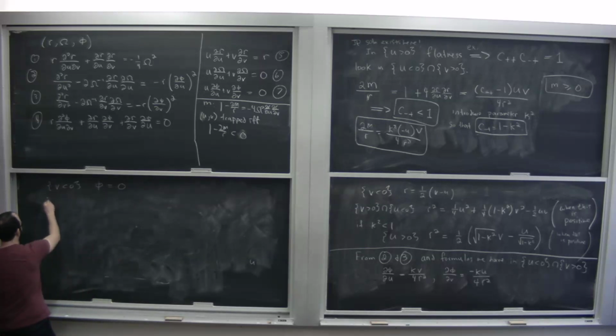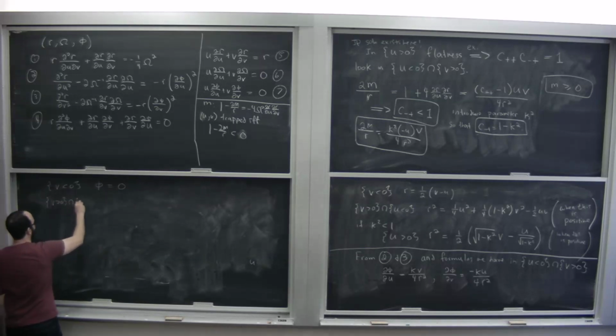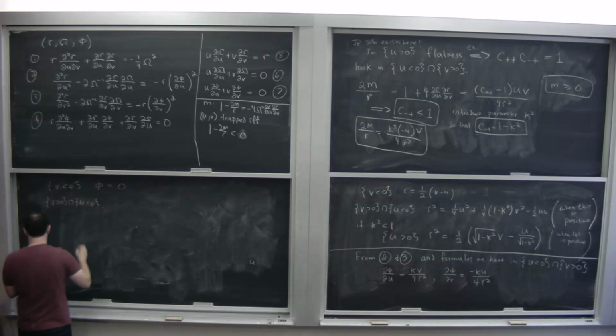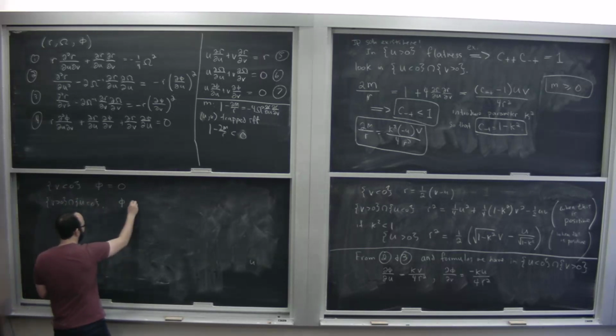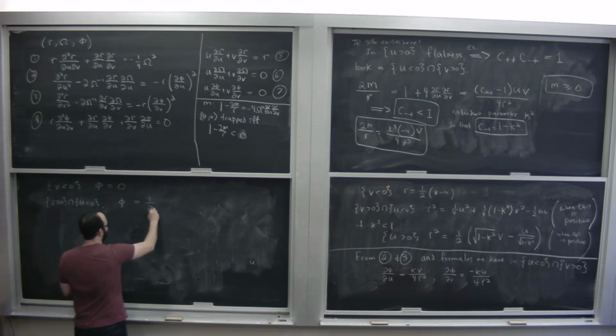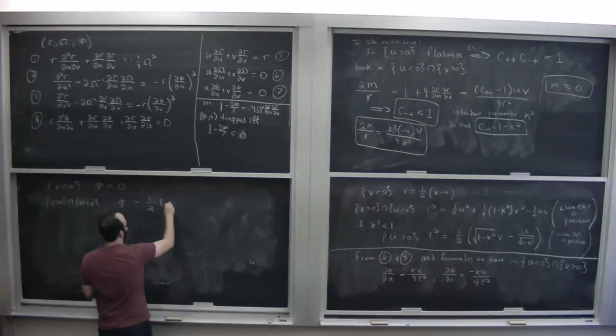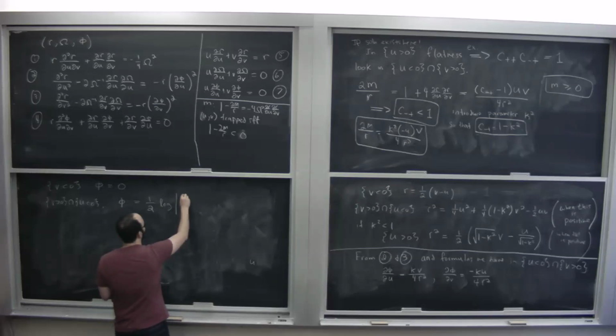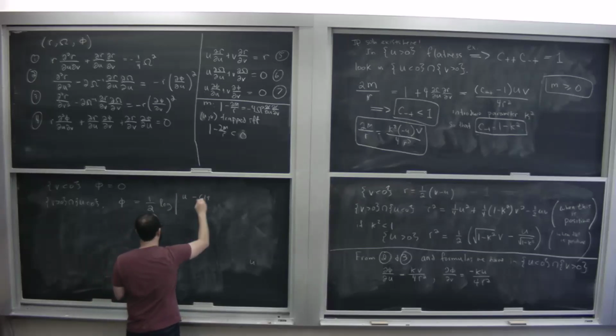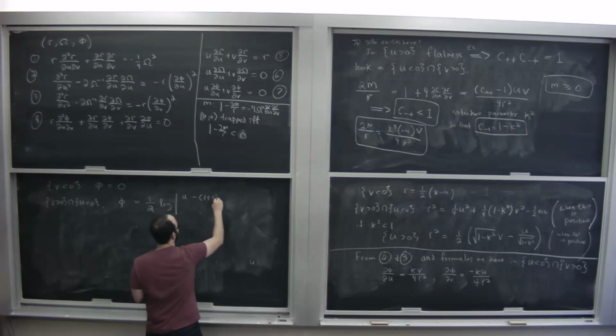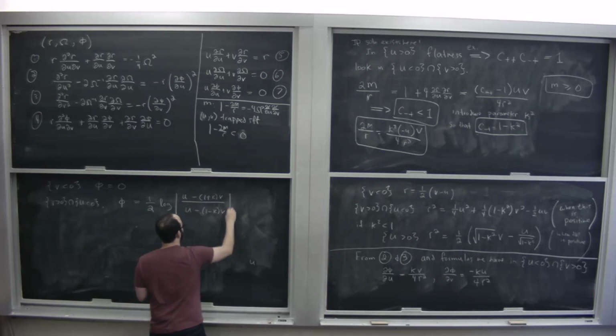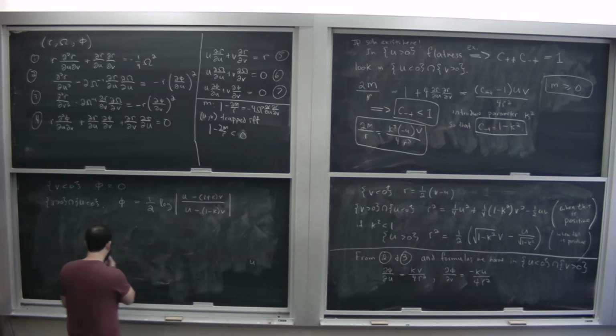And now in the interesting place, when v is bigger than 0, then, at least where this is well defined, you will have the following.